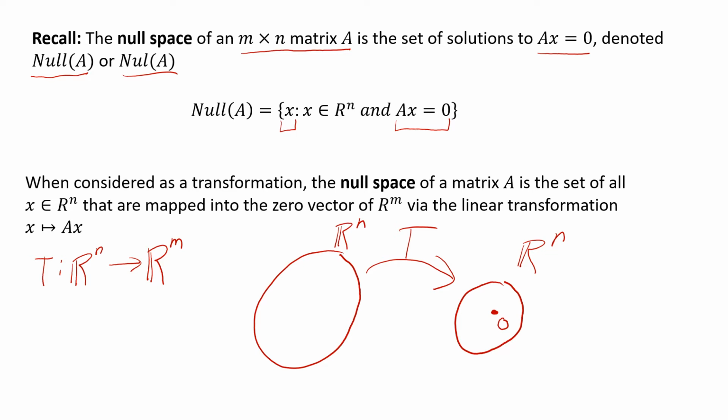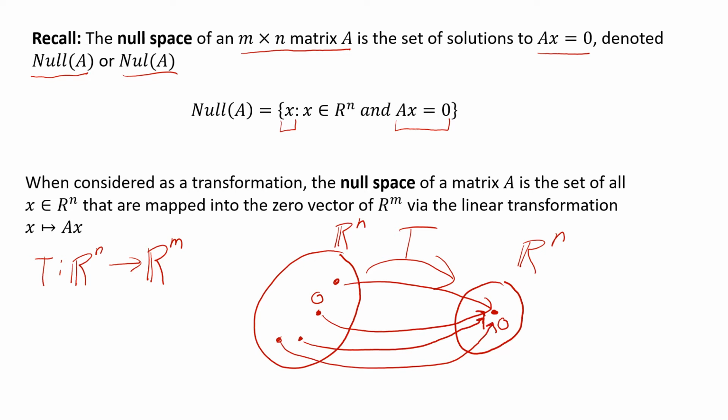And it's all of the things that map onto the 0 vector. You know one of them is going to be the 0 vector itself. 0 maps onto 0. But there may be other things that map onto that 0 vector. All of these things that map onto 0, that turn into 0 when you do your transformation, that is the null space of your transformation.